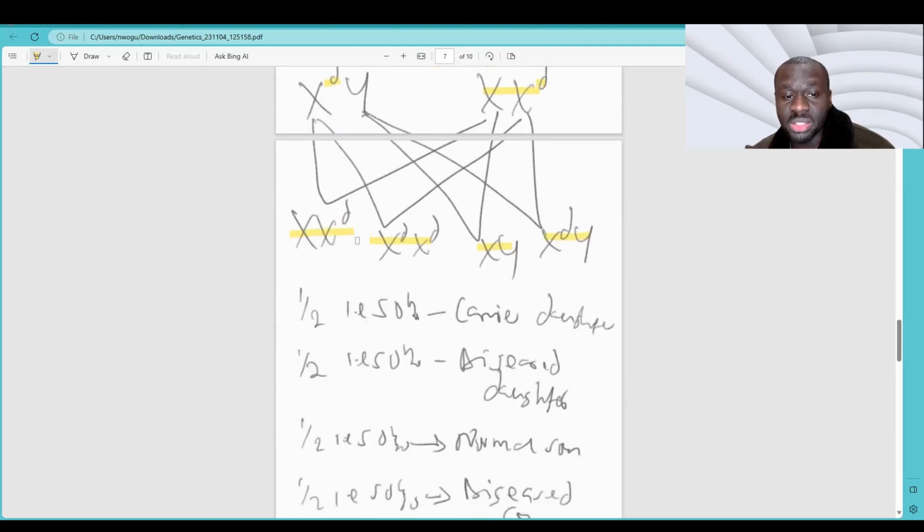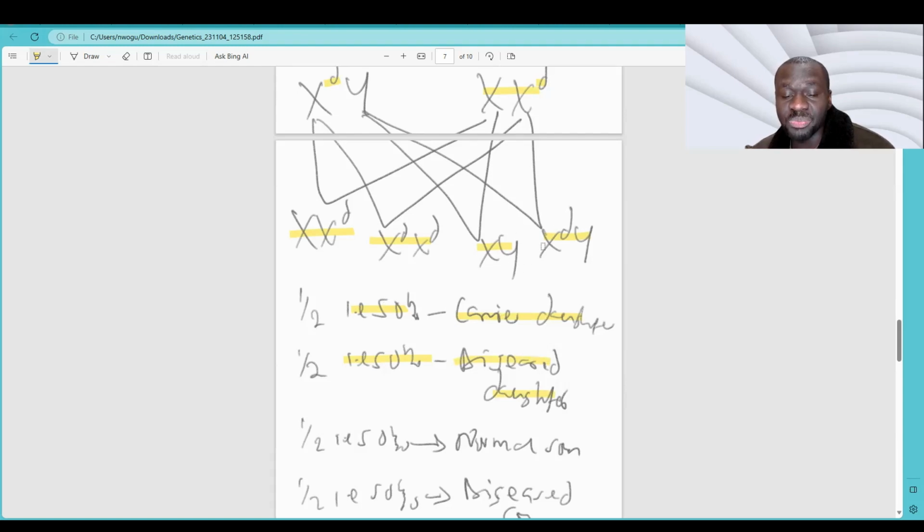So for the daughters, there's a 1 in 2, which is 50% chance of any daughter being a carrier. This daughter has it, this one doesn't have it. Also there's a 1 in 2, which is 50% chance again that any daughter they have will have the disease. There's a 50% chance that any daughter they have will be a carrier.